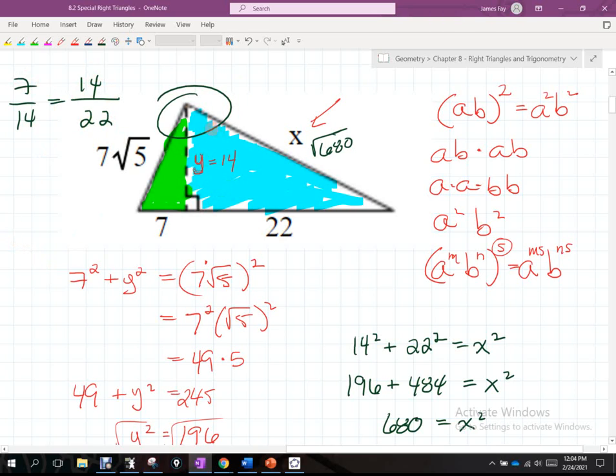That's what we would have been able to say, right? Well, 14 times 14 is 196. 7 times 22. Do we know what 7 times 22 is? 7 times 20 is 140, right? So is that 154? Is 196 the same thing as 154? No. So that tells me right there that angle up there is not a right angle.